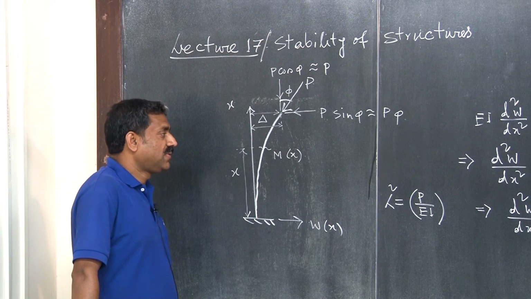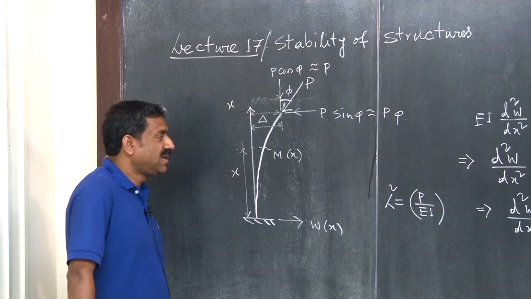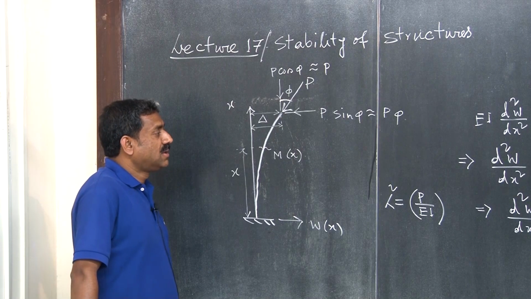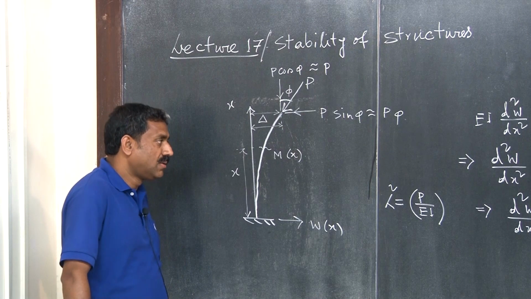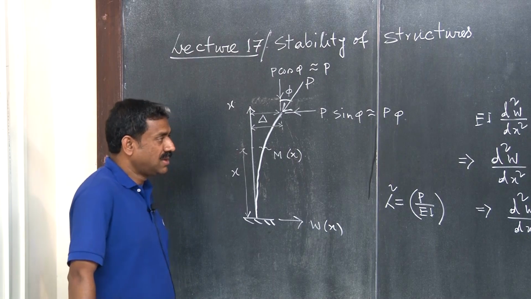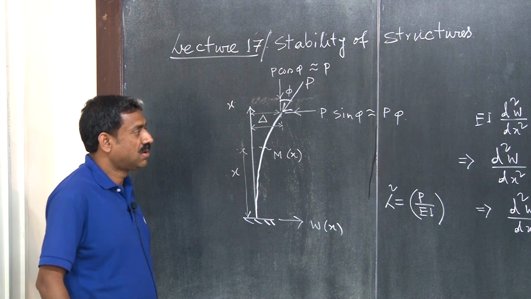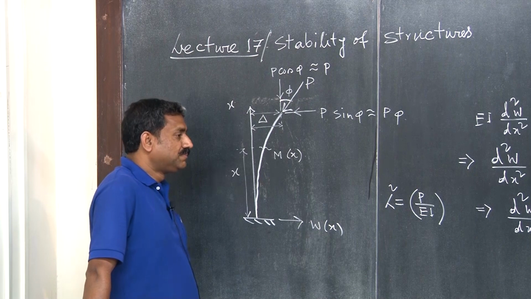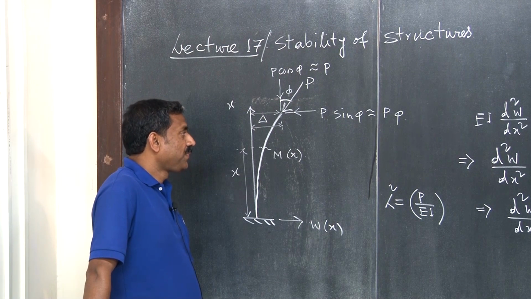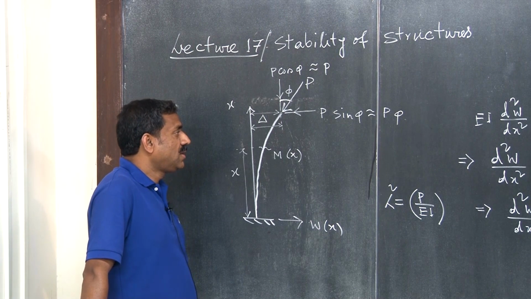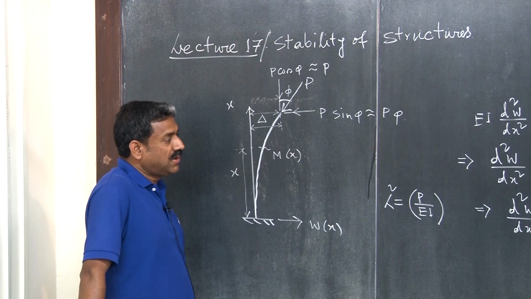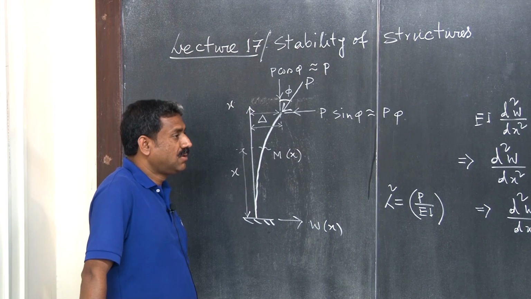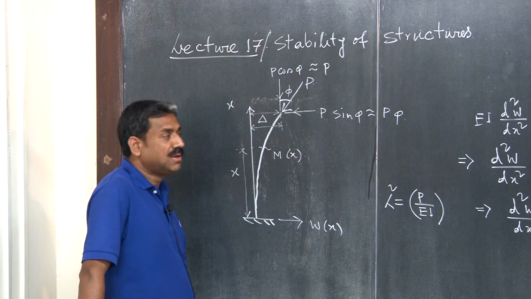In a number of cases, the loading will be time dependent, then we cannot apply the static formalism that we have derived, either energy based or equilibrium equation based. Then we need to consider the inertia into account, or the kinetics also of the problem, right.